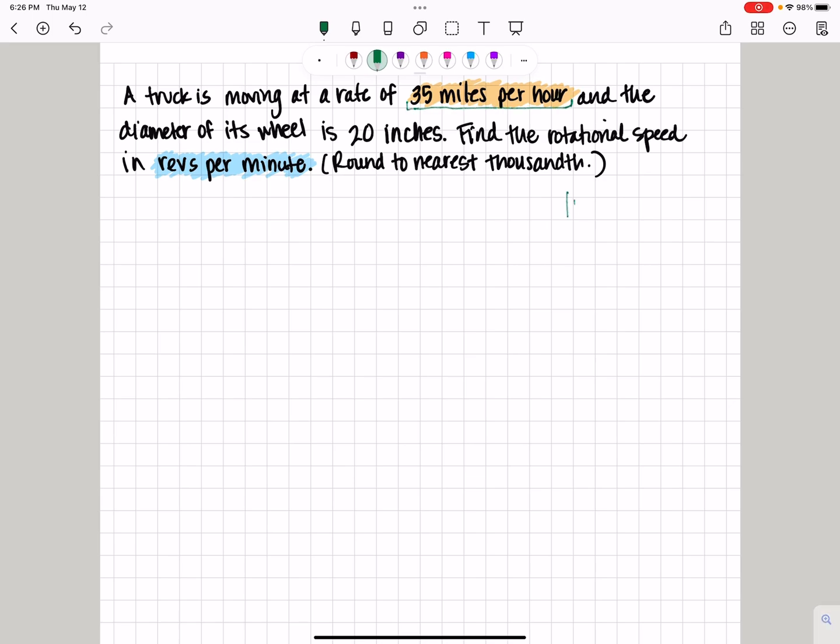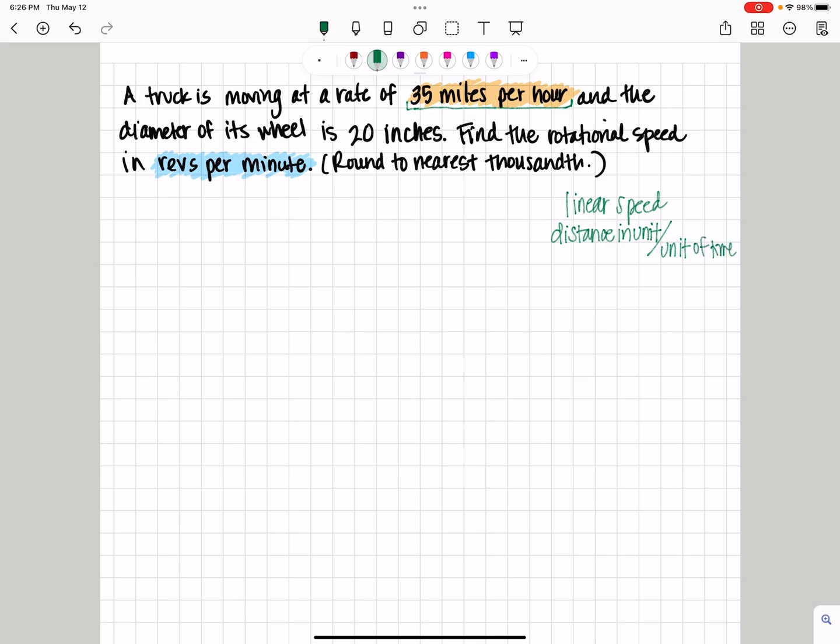So linear speed compares distance in some unit per unit of time.